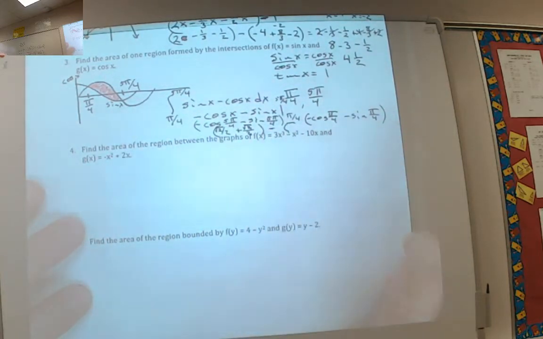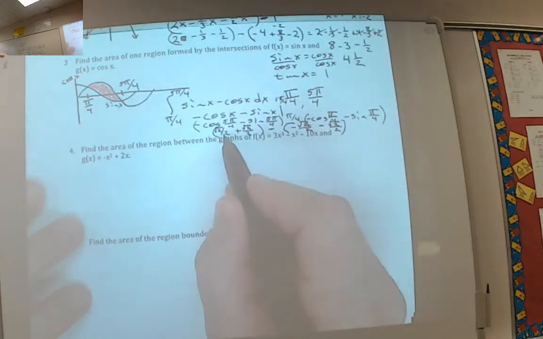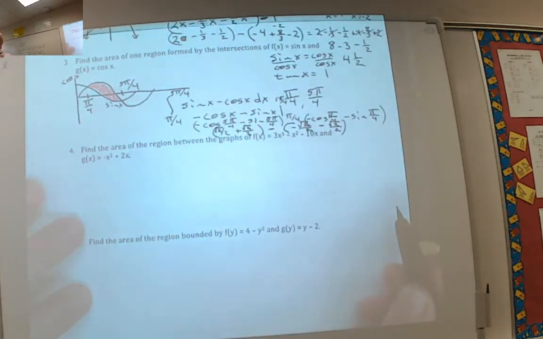Minus. What's this going to be? Negative square root of 2 over 2. Okay. Minus square root of 2 over 2. Would you agree? So I have square root of 2 over 2 plus the square root of 2 over 2 is what? 2 square root of 2 over 2. A lot of 2's.